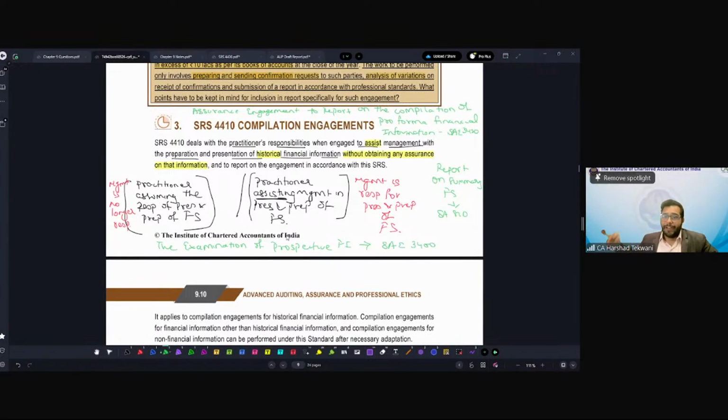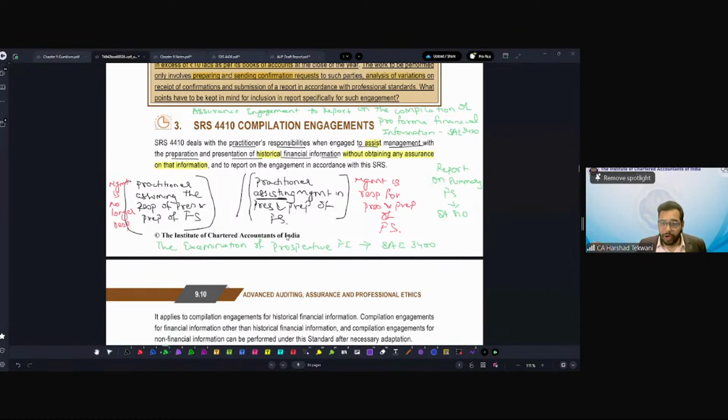So for different kinds of engagements, if it is with assurance, then SA 810. If it is pro forma financial information, 3420. If it is prospective financial information, 3400. So separate engagements are covered by separate standards.